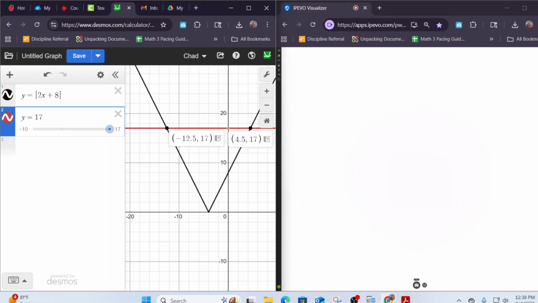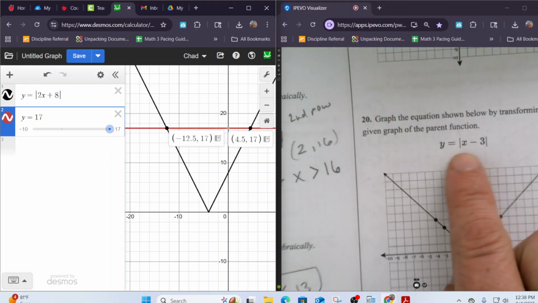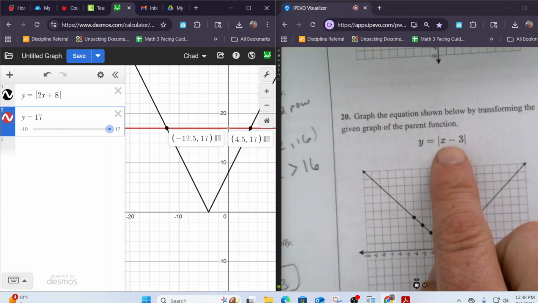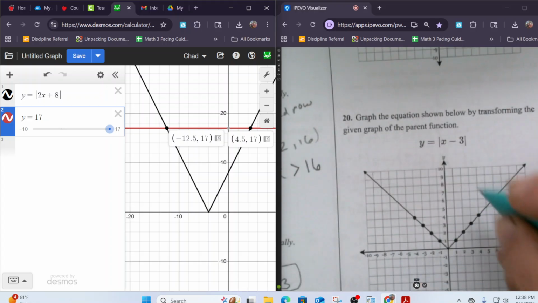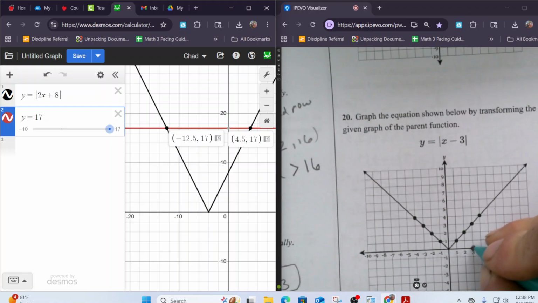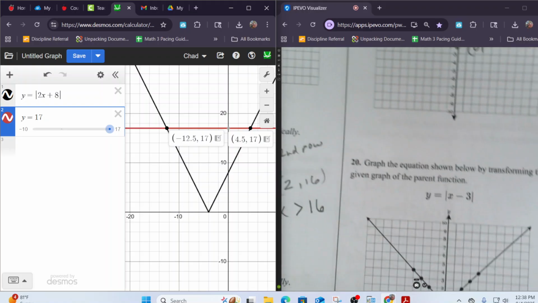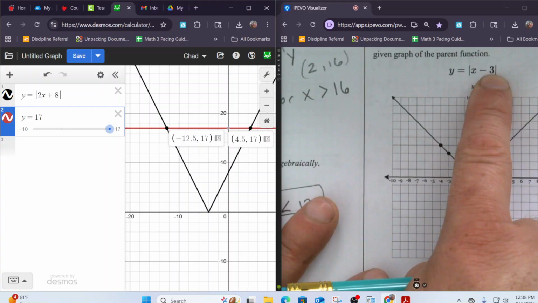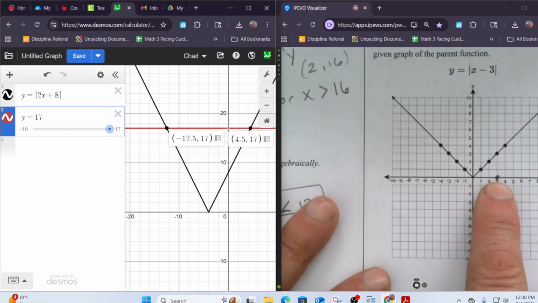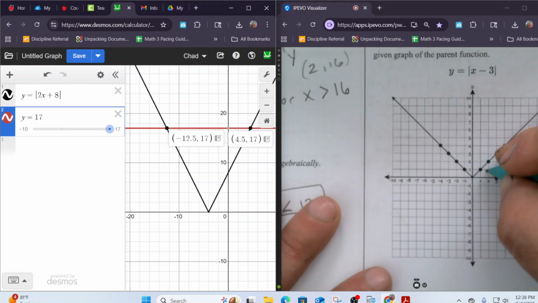Remember, once again, on these problems, just graph those. Because I know if I graph this one, it's going to look like this. It's going to scoot the vertex over. Remember, it's opposite of what you have. X minus 3, you think it's going to move it left, but it actually moves it right, and then you're still going to have the same slope.